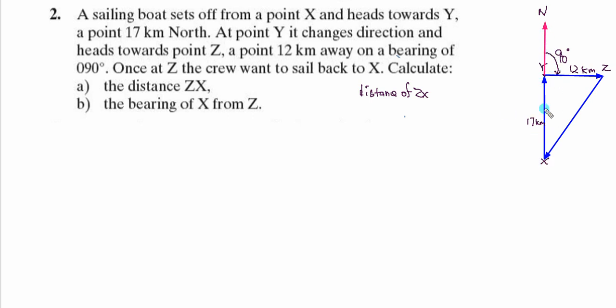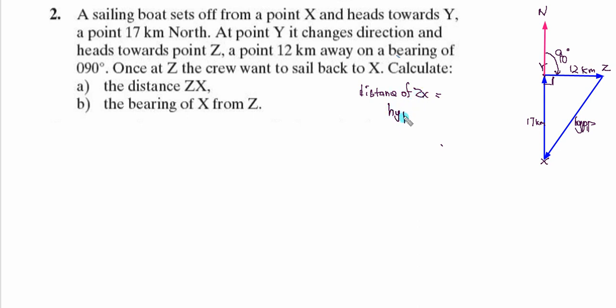If this is 90 degrees, then we actually form a right angle triangle. If it's a right angle triangle, then XZ is actually the hypotenuse, the hypotenuse of the right angle triangle.